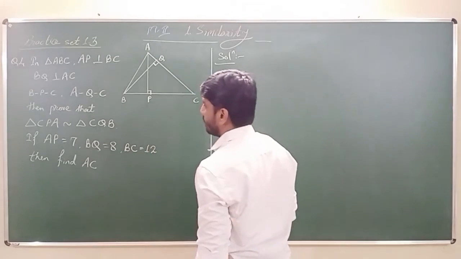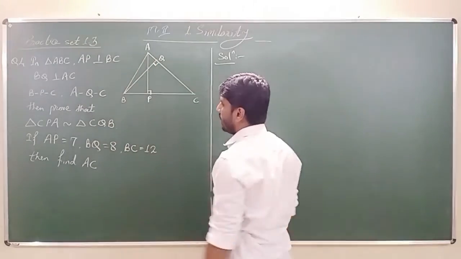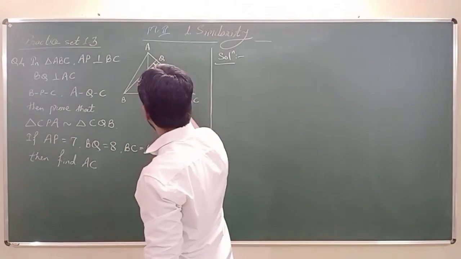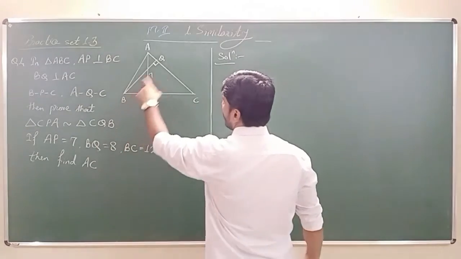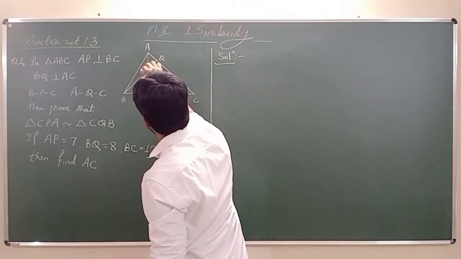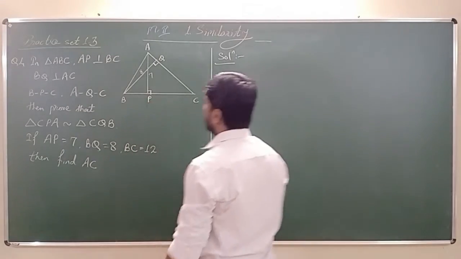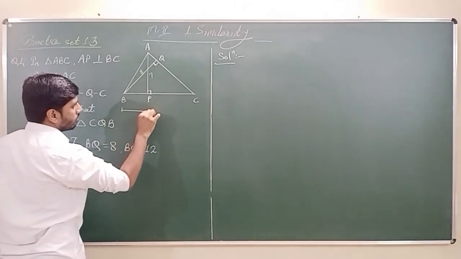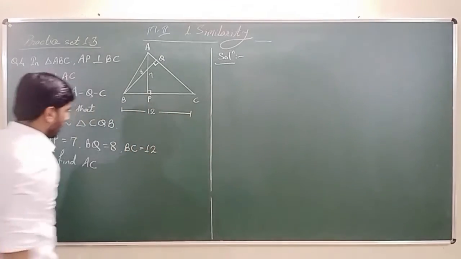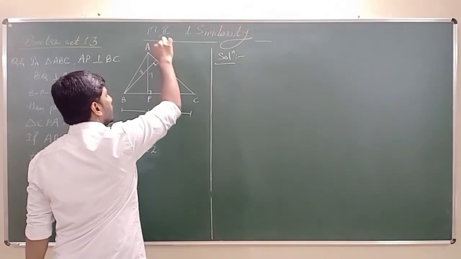Further, the length of AP is given, that is 7, the length of BQ is 8, BC is given, which is 12, and we have to find the length of AC.